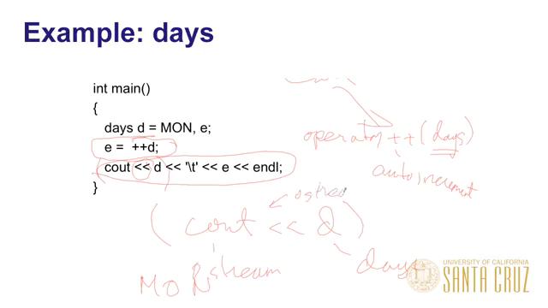Then this is going to return the same ostream. That ostream is the built-in standard out. So standard out gets returned, and now it gets combined with a tab character.